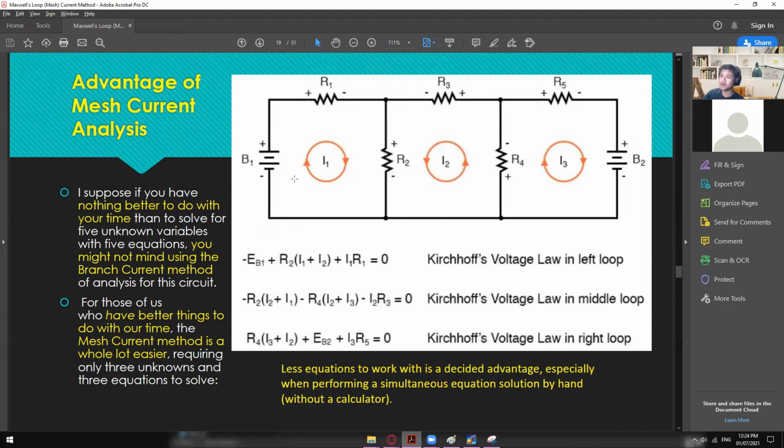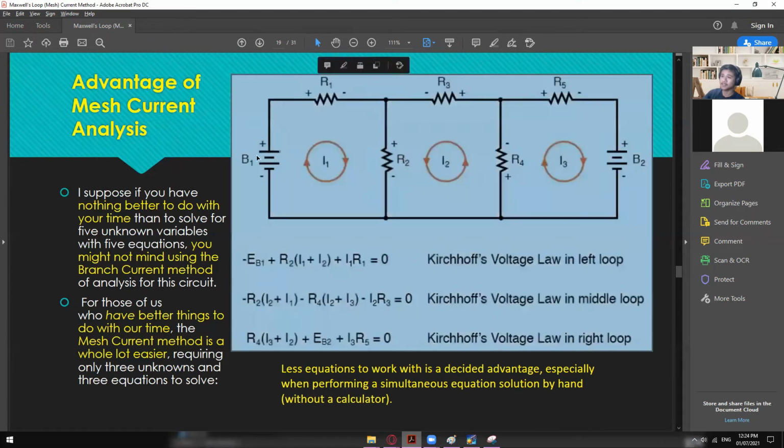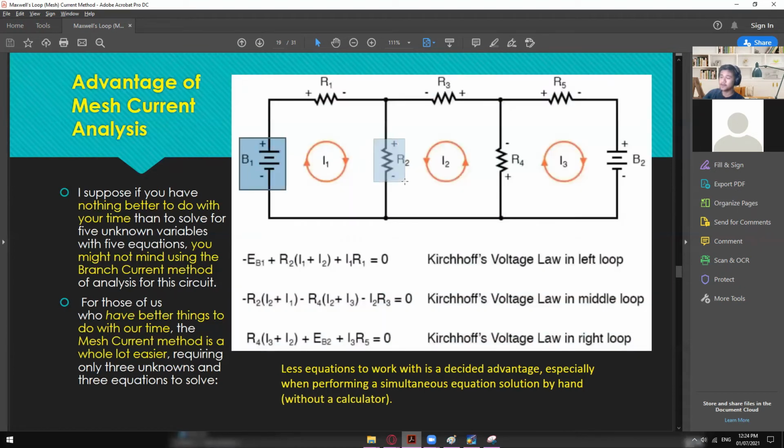Mali nga pala yung ginawa ko. So we've started right here and then jump next in here. Hindi siya clockwise, but it's counterclockwise. So after this, go right here. That's the reason why we have R2 times I1 plus I sub 2.